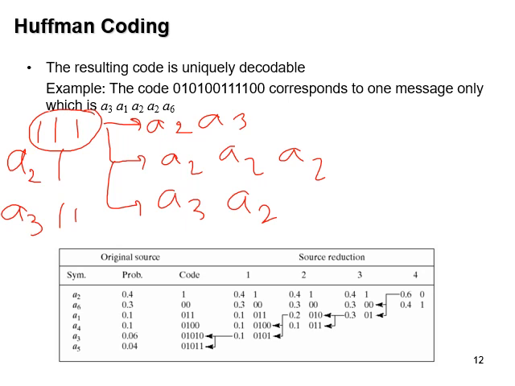So this is a very nice property about Huffman coding. This will never happen in Huffman coding. In Huffman coding, none of the symbols will have a code that's a prefix of another code. Okay? So if you're solving this by hand in the exam, for example, and you end up getting a case where you have a symbol that has a code, and that code is the beginning or the prefix of the code of another symbol, definitely you did something wrong, because Huffman coding will never result in this.